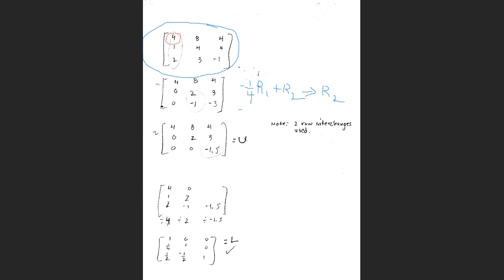And then I'm going to take negative 1/2 times row 1, add it to row 3, and put the result in row 3.